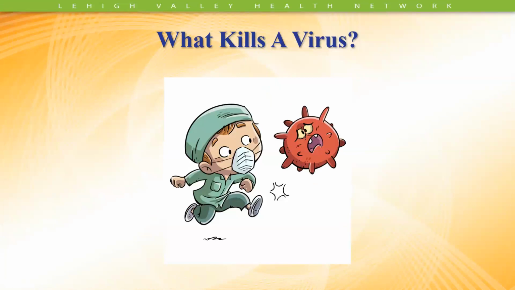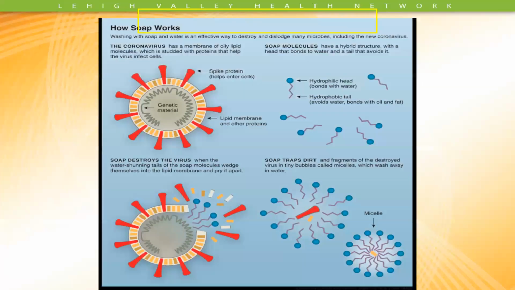So when we look at what kills viruses, soap is very interesting, because we don't really think about what happens to the virus when we wash our hands. Again, we have the spike protein that helps enter the cells, the lipid membrane that helps protect, and here's the genetic material.